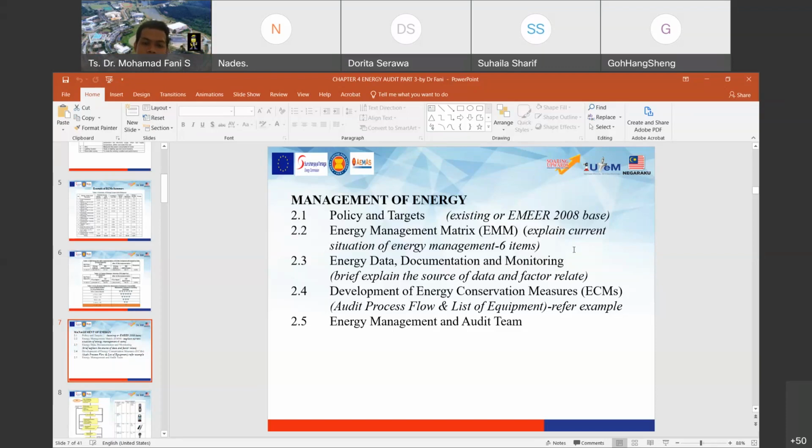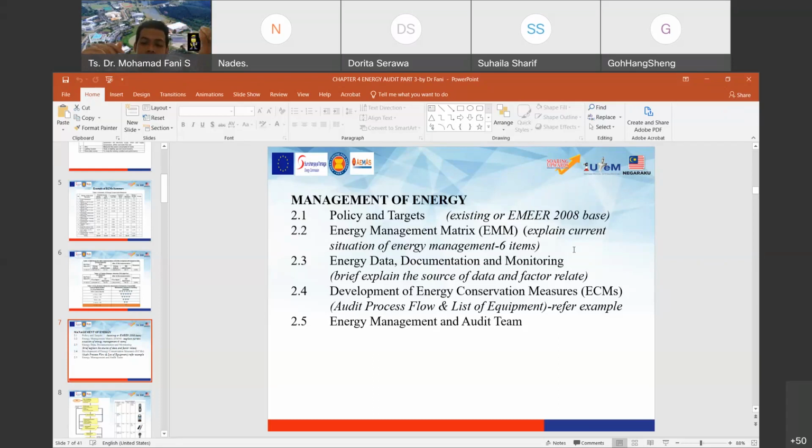Energy data, documentation and monitoring: briefly explain the source of data and factor related. For the source of data, maybe you can put that the data came from the energy bill or TNB bill, and if other types of energy are available, for example gas or water, you can also explain where the sources of data came from.